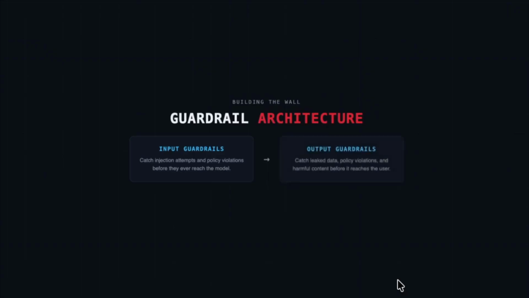The output guardrail catches leaked data, policy violations, and harmful content before it reaches the user. And here's the key upgrade: rule based filters, keyword matching, get bypassed trivially, just by rephrasing around them. Classifier based guardrails, a separate ML model trained to catch semantic intent, catch what keyword matching misses.